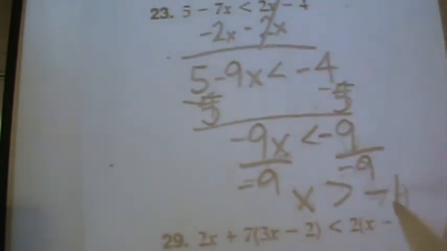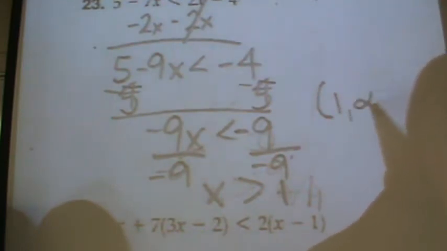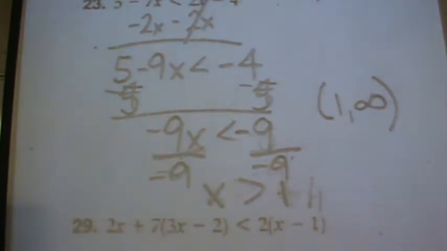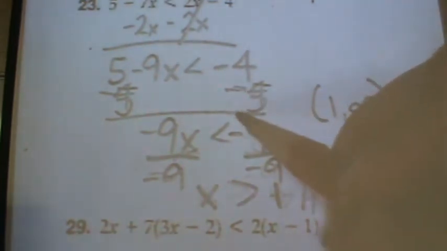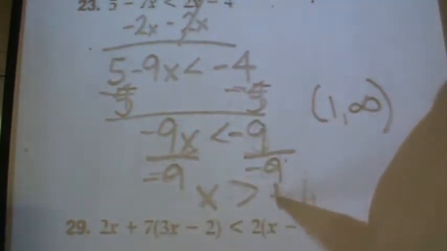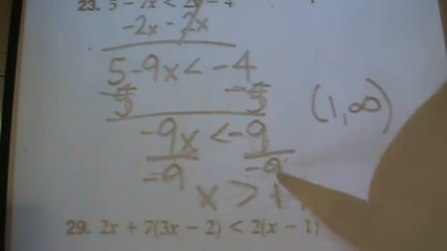So this should be, you do flip the sign, but it's a positive 1. My bad. So x is greater than 1 would be a 1 to infinity. So I made 2 errors here. This should be a negative 9. And divide by negative 9, it's a positive 1. Negative 9 over negative 9 is positive 1. But don't forget to flip the sign because we divided by a negative.